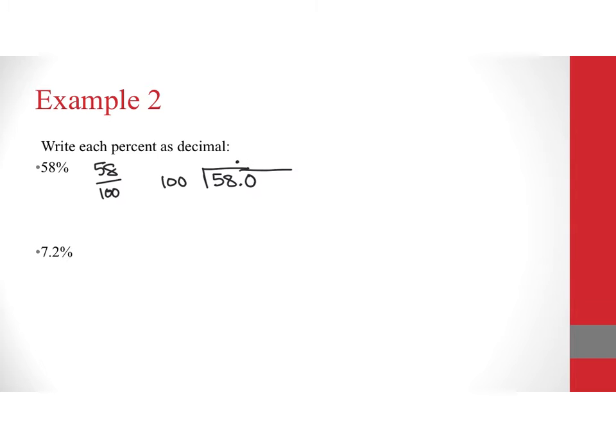And if I put a 0 here, 100 will go into 580 5 times. So this is going to give me 500. And when I subtract this, I get 80. I'm going to bring another 0 and drop that down. And 100 goes into 800 8 times. So 58% is equal to 0.58. Let's look at the next example.